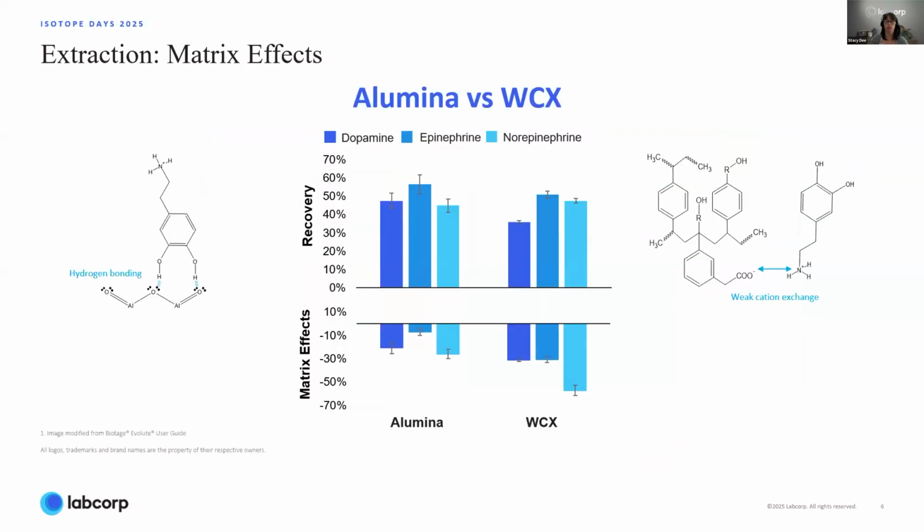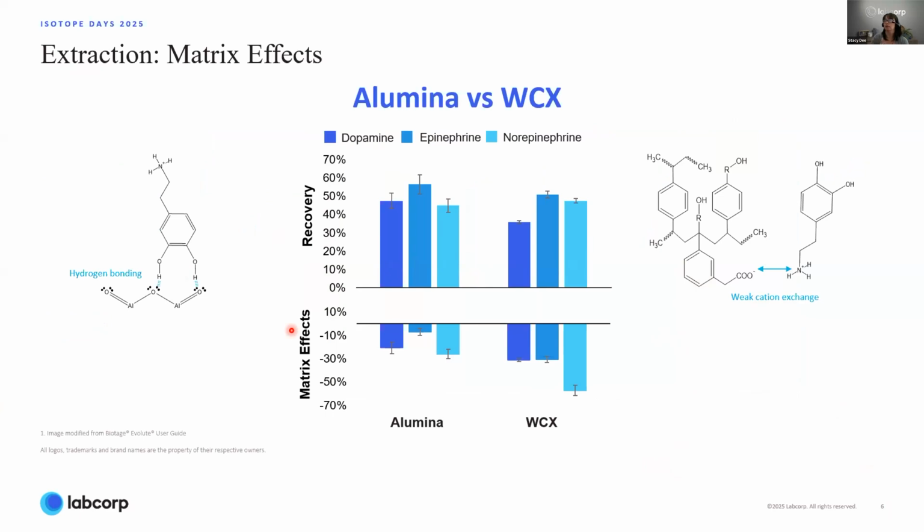So the next thing we did was we looked at the extraction. And at this point, we really needed sensitivity for dopamine because that one has the lowest cutoff. So here you'll see a slightly better recovery and slightly less matrix effects from the alumina plate.